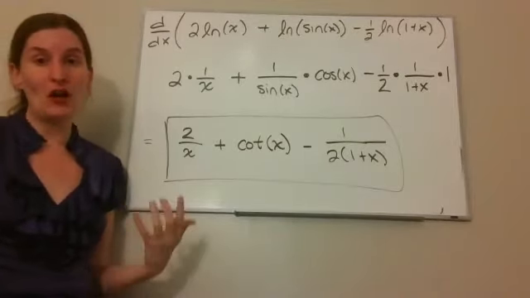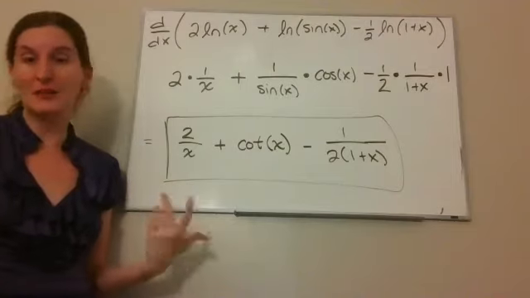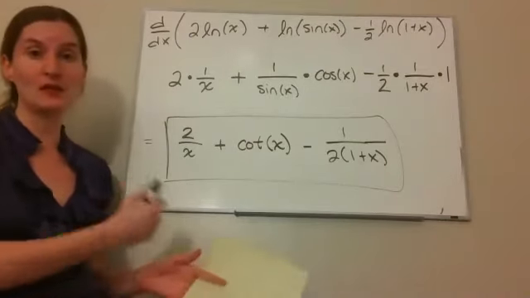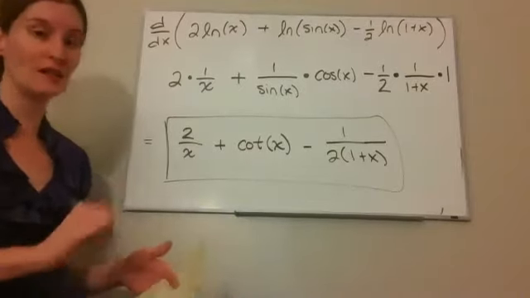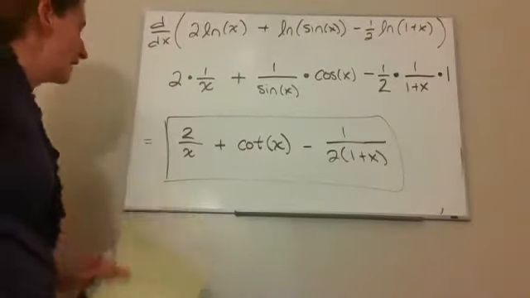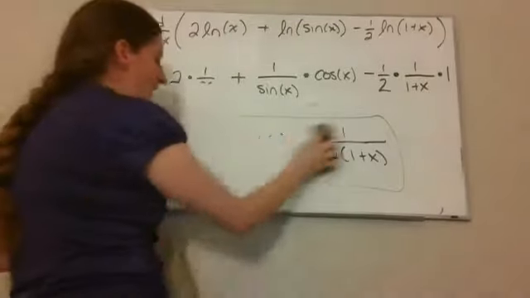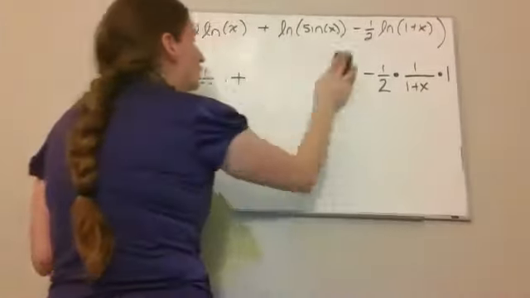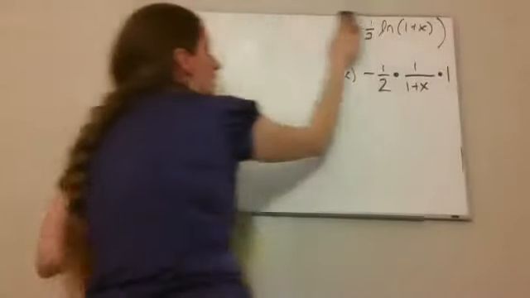But when you have a logarithm with a whole bunch of stuff in it, sometimes it really helps to use the properties of logarithms, and it makes your differentiation much, much easier. In fact, it's so much easier that there's even a technique of differentiation called logarithmic differentiation. And we're going to talk about that right now.